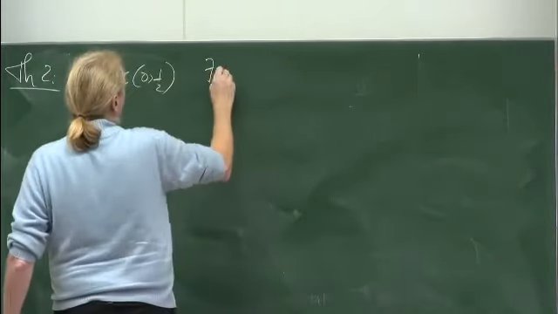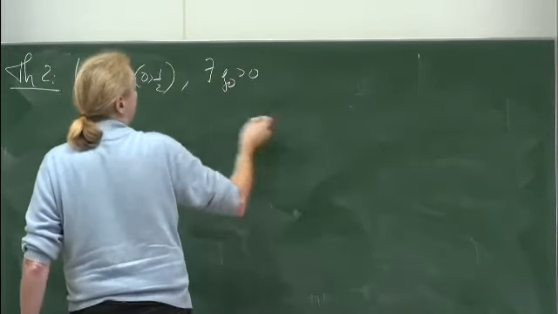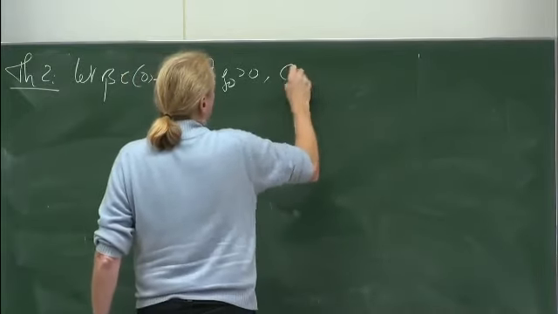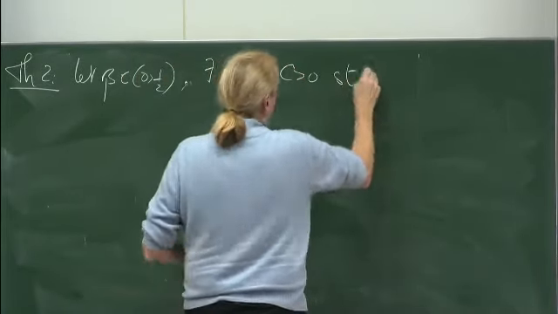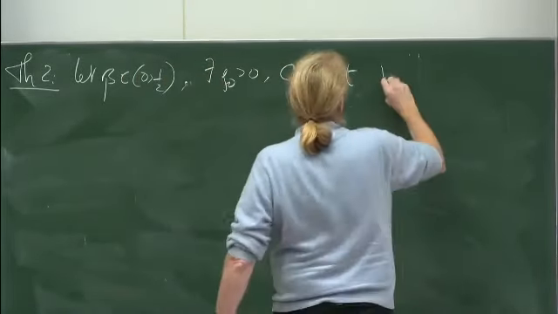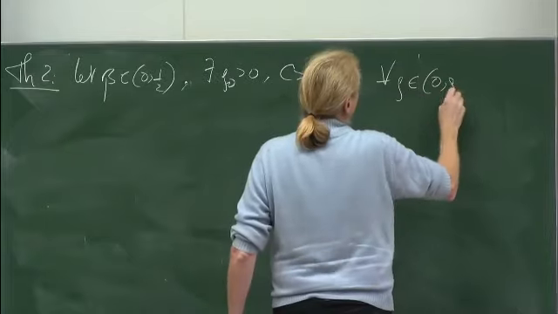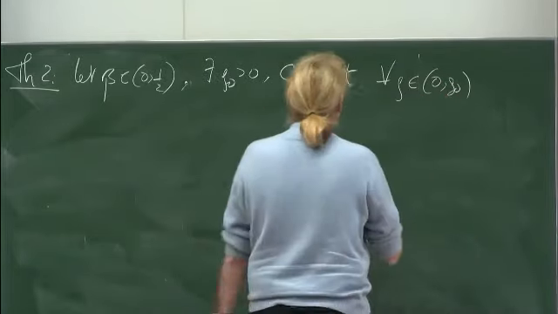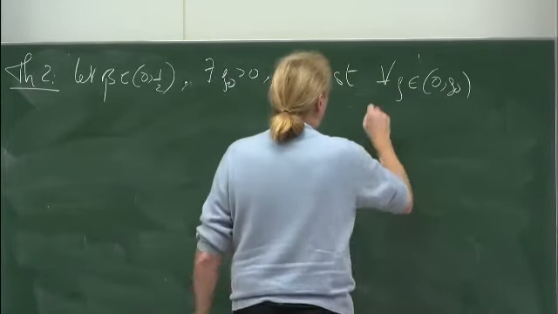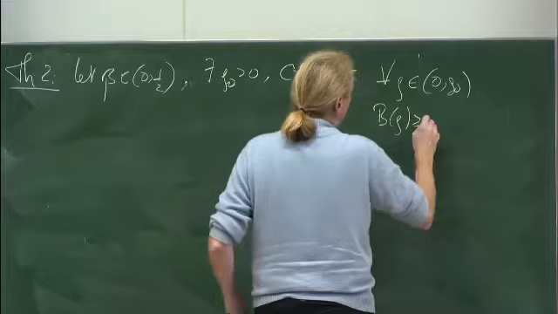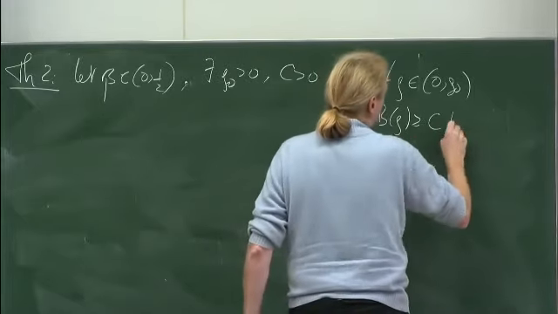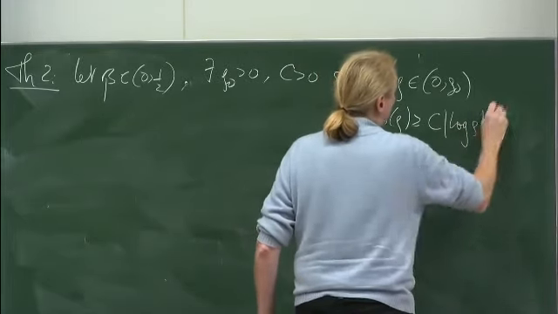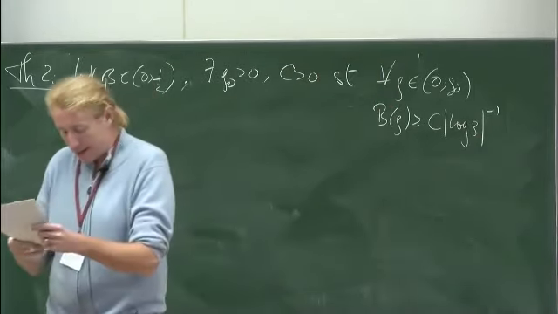Then again, there exists some rho 0 positive and some constant C positive, such that for any rho in (0, rho 0), if you pick B rho, a number which is larger than C log rho inverse, right? So when rho is small, this is getting large.